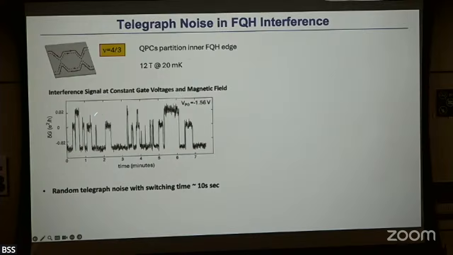But then Tom, who just graduated, first looked at this data, and I said, Tom, hey, this is a garbage device, we have to make another one. He said, all right, I can make another one in a few months. But before doing that, look at this data. It was not just a simple two-level random telegraph noise; there are 3 levels.